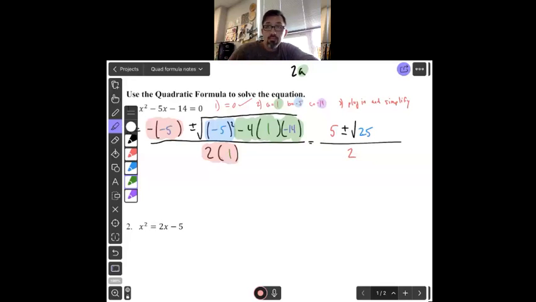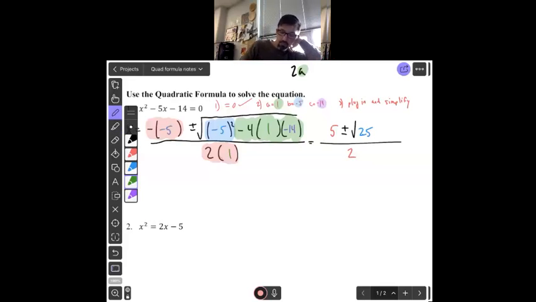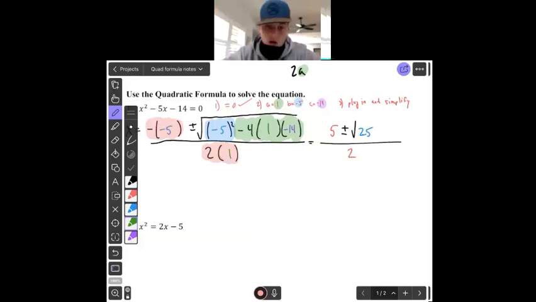In the square root, I believe there's 3. No, in the green that I just highlighted. Oh, in the green, there's only 2. Okay, so what's that mean about our answer? That's positive.